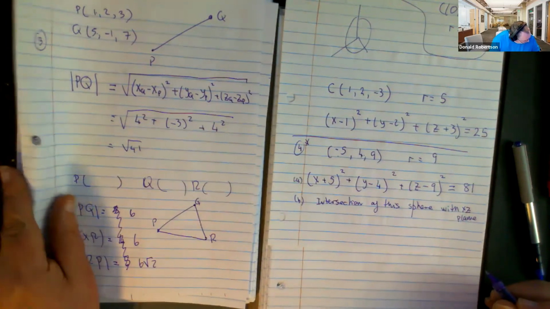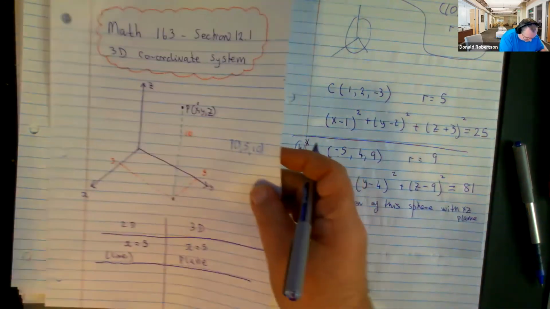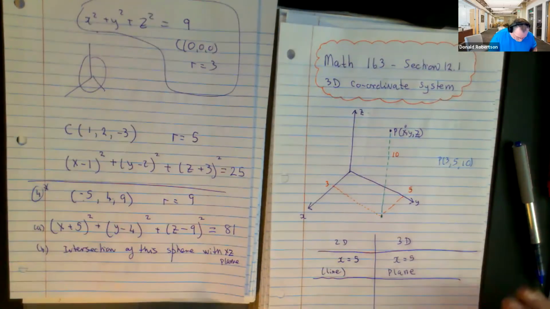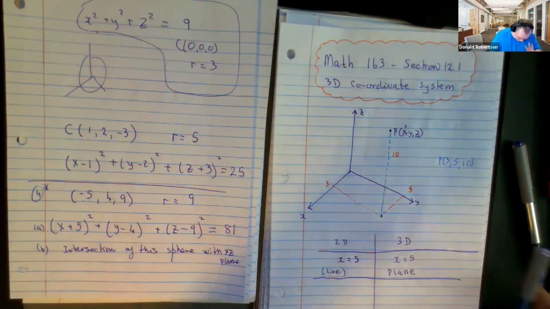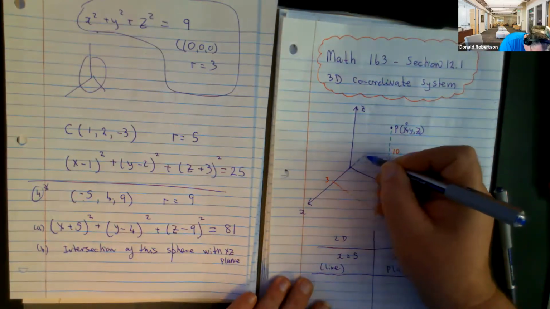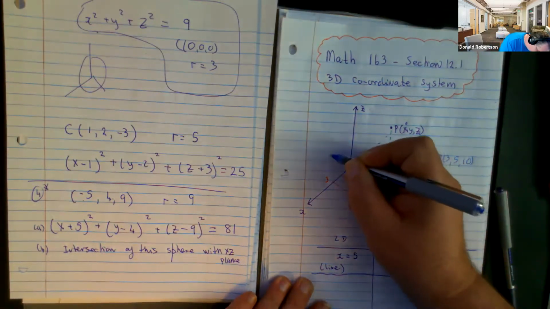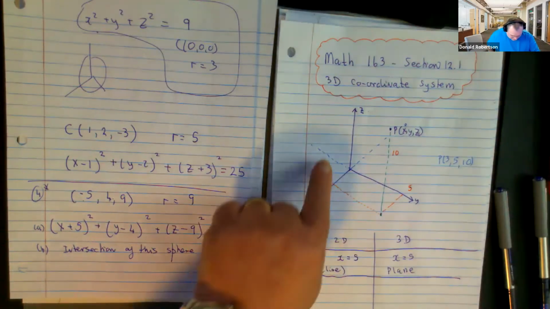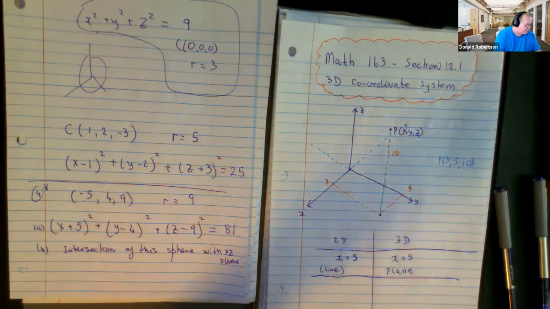So I'm going to return to this picture so I can explain what the three planes are called. Add a couple of extra dotted lines there. I like to think of them as the floor and the walls, just to visualize.